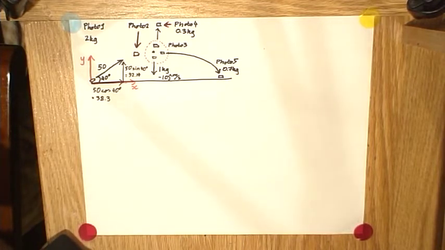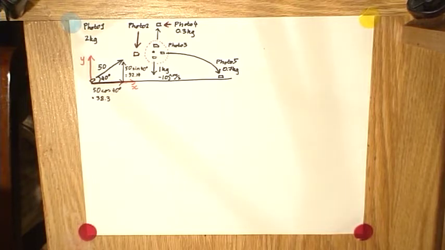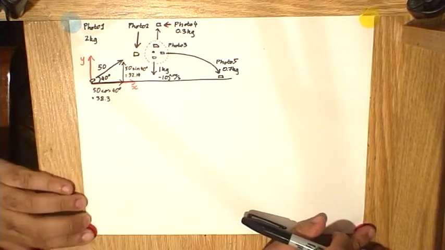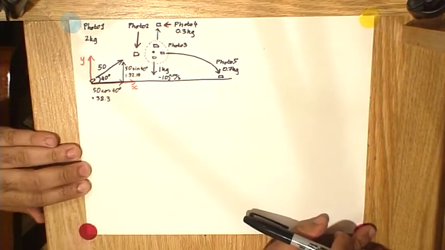Okay, a lot of information to keep track of in this question. But what we're going to see is that this can be solved pretty easily using the standard rules of kinematics and momentum that we have been exposed to for so long.